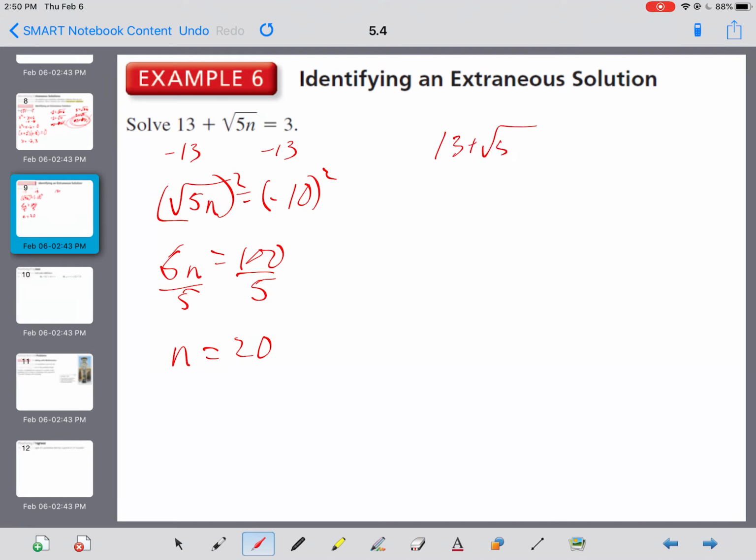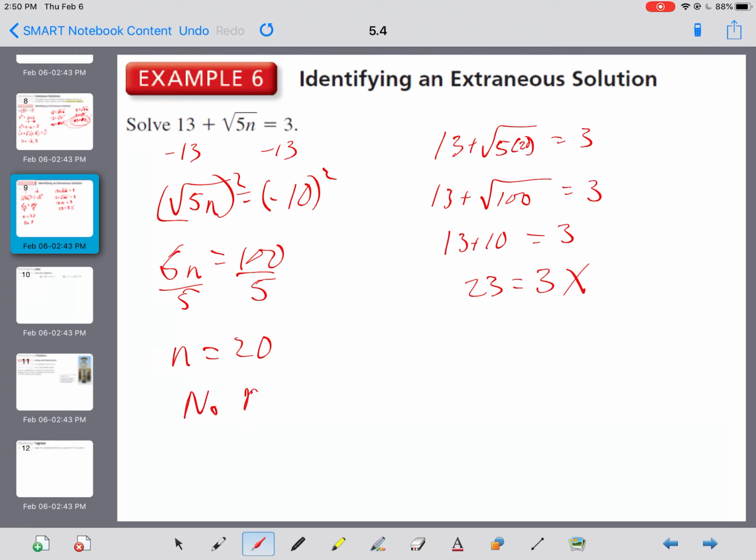So we should double check it. 13 plus the square root of 5 times 20 equals 3. 13 plus the square root of 100 equals 3. 13 plus 10 equals 3. 23 equals 3. No.